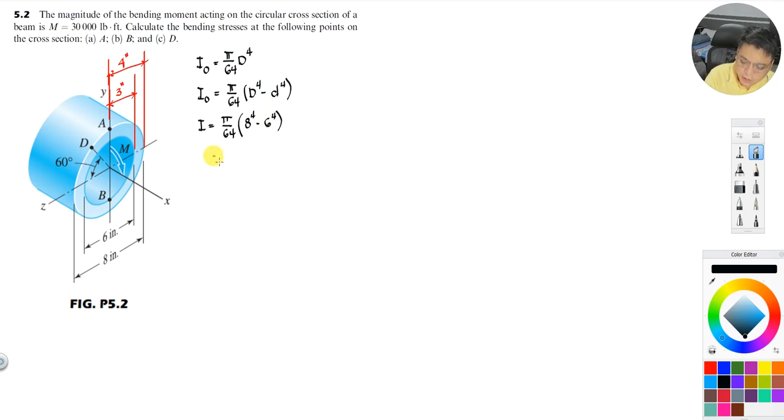So, you can now have the value of I. Sa aking calculator, pi all over 64 multiplied by 8 to the 4th minus 6 to the 4th, that's equal to 137.44. Again, we can have it as inches to the 4th.